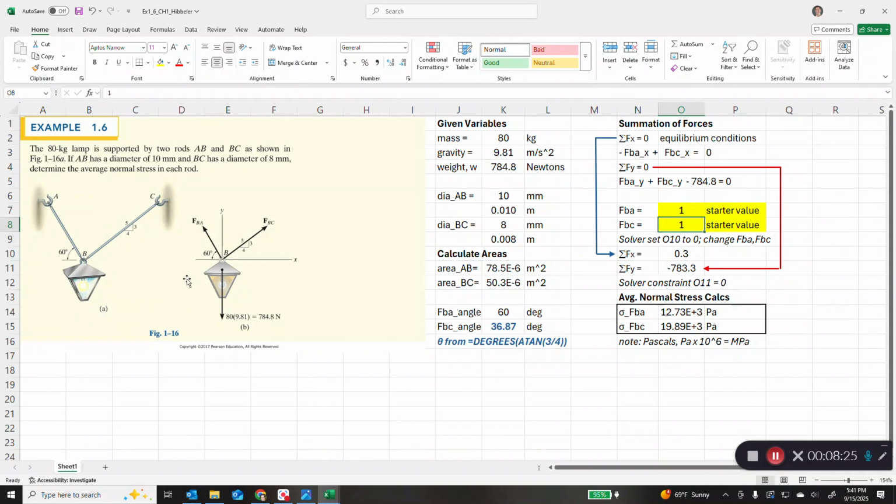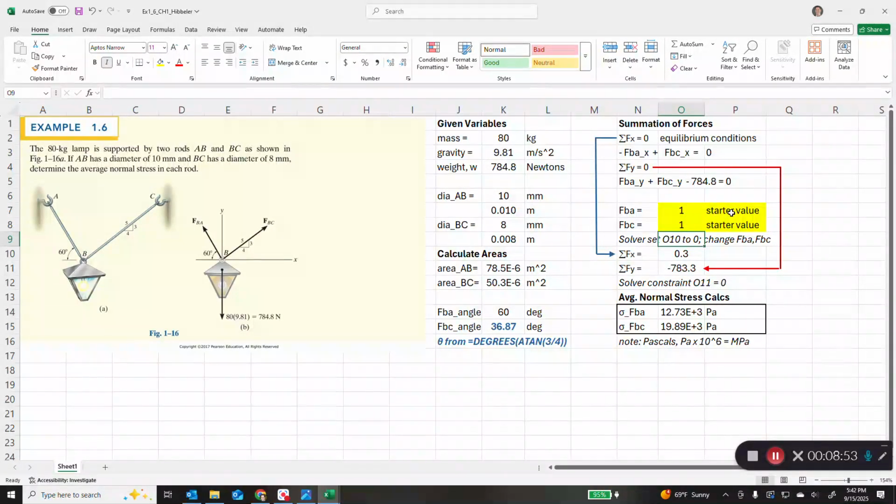And in order to calculate the average normal stress on each rod, we need those values in newtons because once we have them, we're going to divide by the cross-sectional areas in square meters to come up with the average normal stress in pascals. So what I've done is I've put in a starter value of 1 for each of those unknowns. Now you would not want to use 0 in this sheet, and you could probably see why. So let's just keep it at 1.